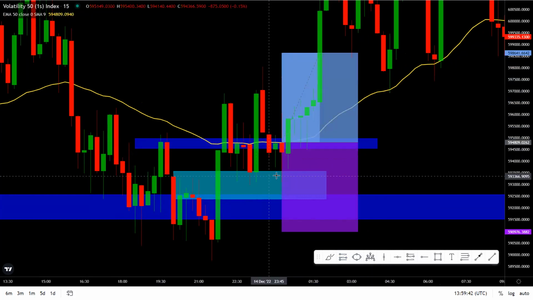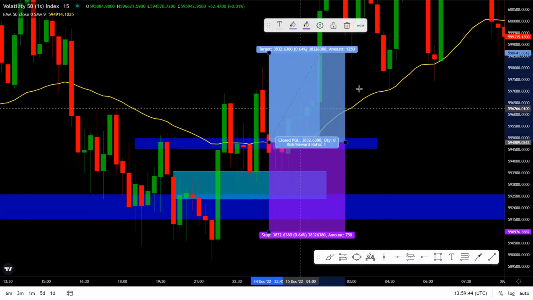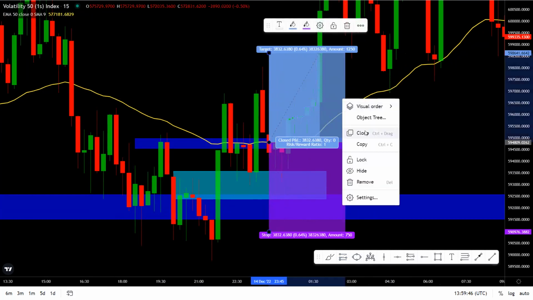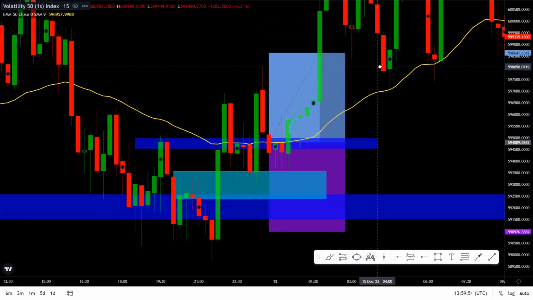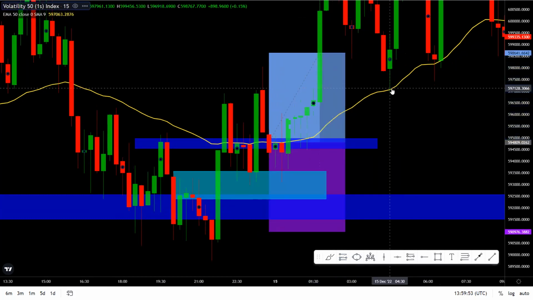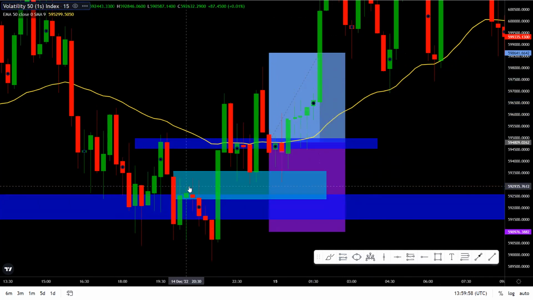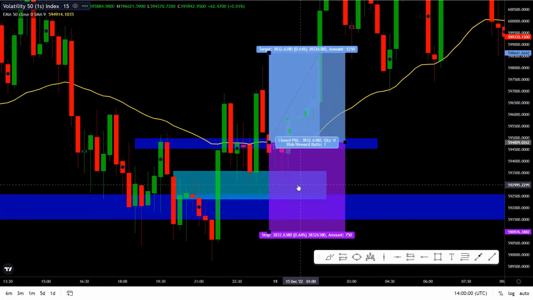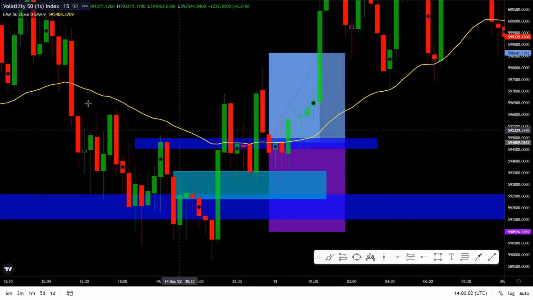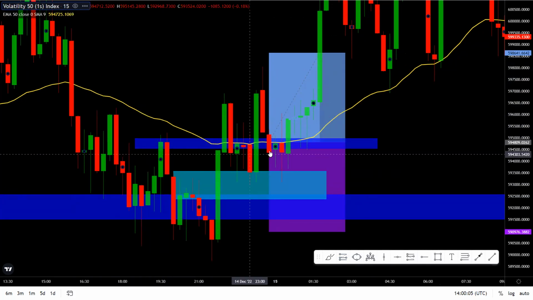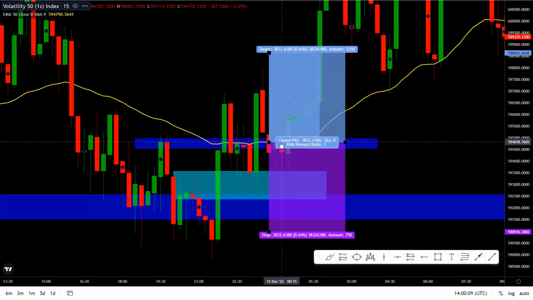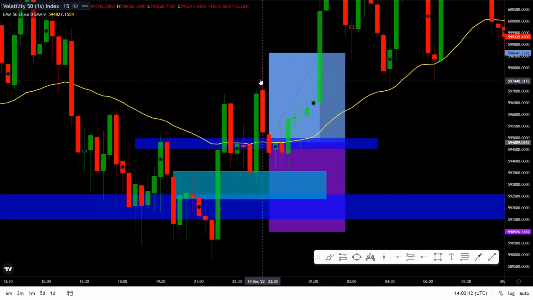Having seen lots of rejection candlesticks from this level, not only rejecting a previously broken resistance now turned support, but also rejecting the 50 exponential moving average, in this case expected to act as a dynamic support, because we're above the exponential moving average.